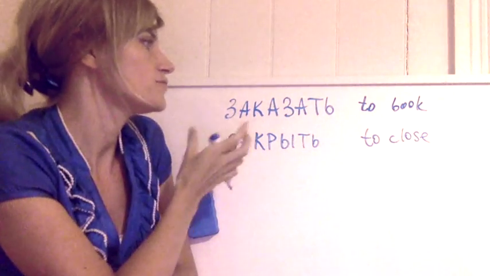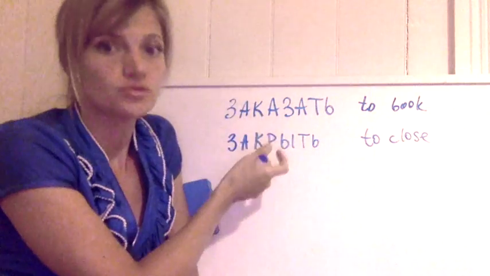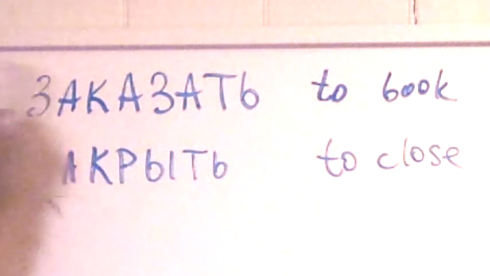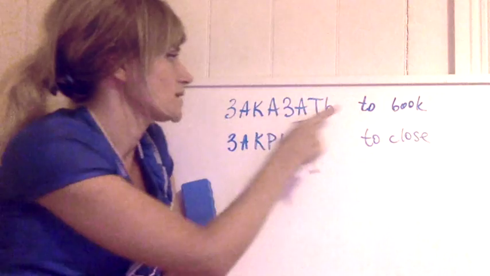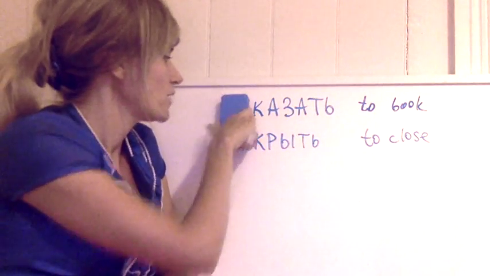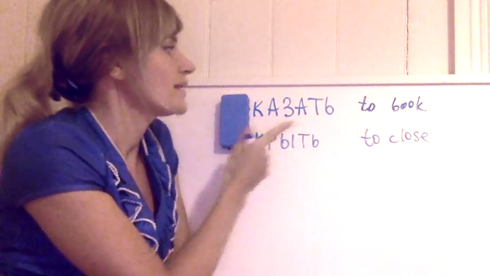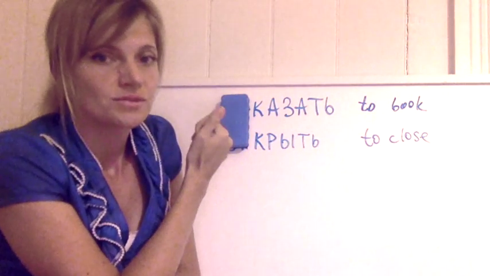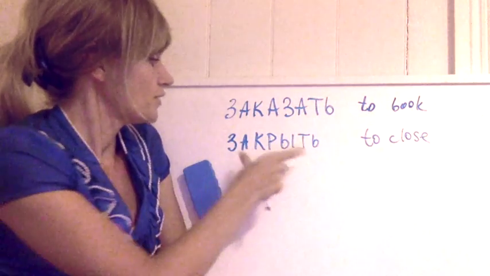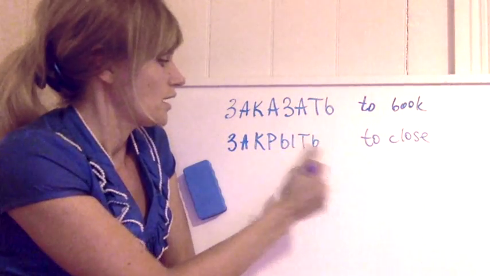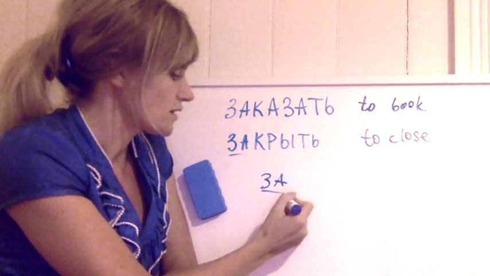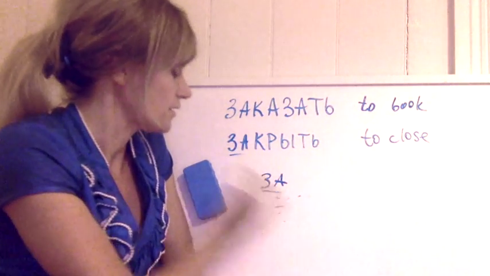Sometimes there are verbs that can appear to be with prefixes, but they're not. They're just like this. For example, заказать, to book, закрыть, to close. If you take away the prefix, they're not gonna mean anything. Sometimes we need to use common sense, like if there is a verb and then there is за up front, so yeah, it's a prefix. In this case, it can mean this and that and that.